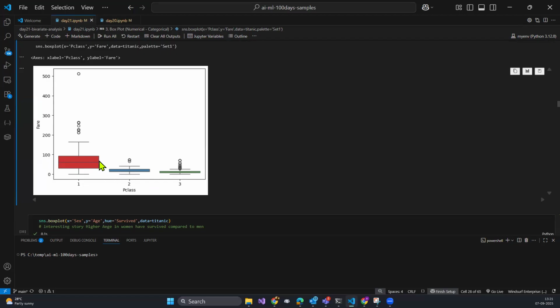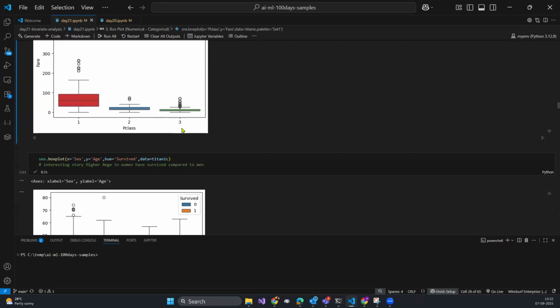Compared to class 1, most of the fairs were below that. And compared to class 2, the less population were in class 3, and it seems like they were mostly grouped lower than class 2. So this is one intuition we can extract.